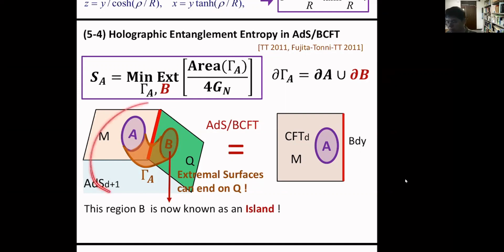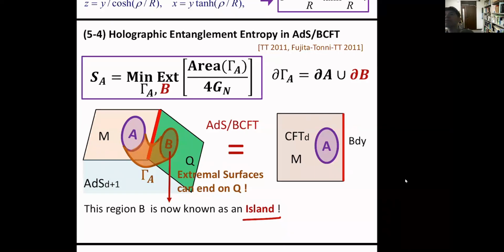So this holographic calculation is the same as the situation with a CFT living on a manifold with boundary, right? We talk about subsystem A and calculate entanglement entropy, but we can calculate it as this kind of area. This is a claim. And this extra region B is nowadays called an island in the context of the black hole information paradox.